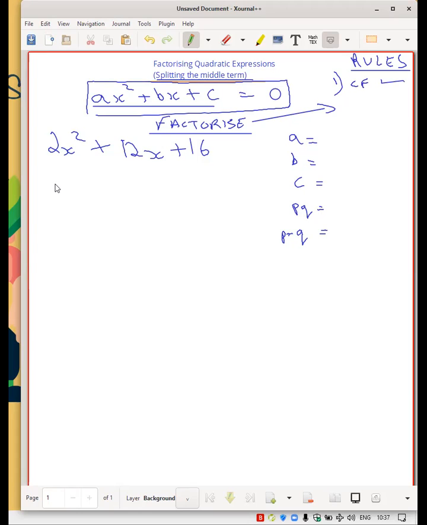No, Mori, that's wrong. There's no common factor. Why? Look at 2, 12 and 16, no common there. Okay, x squared, x and no x, I won't get any common. But what about 2, 12 and 16? Nothing common between 2, 12 and 16?